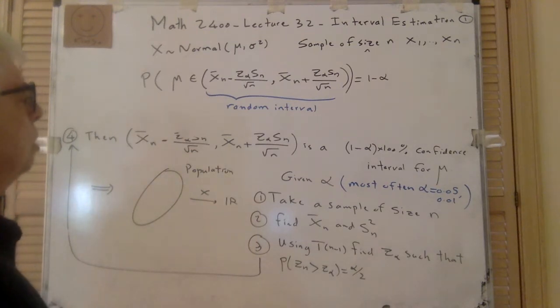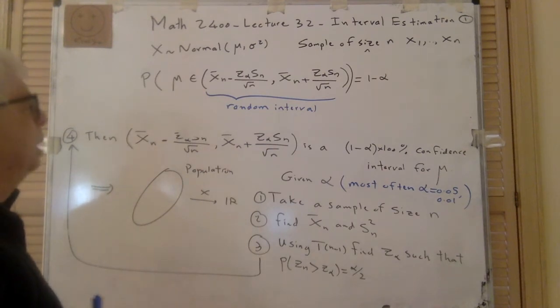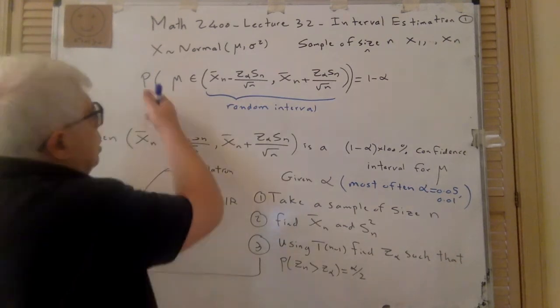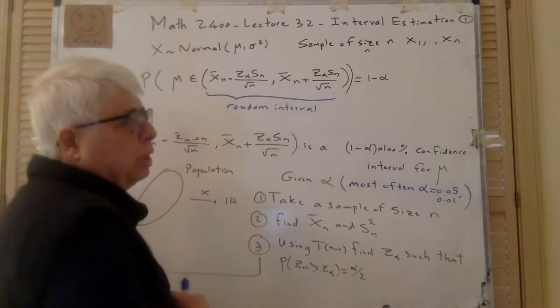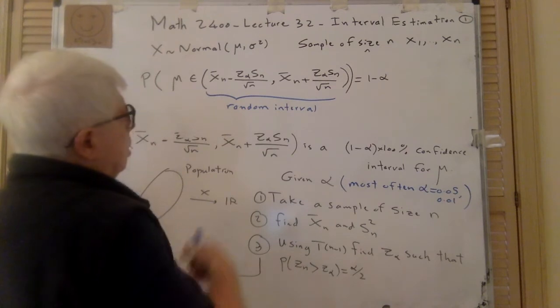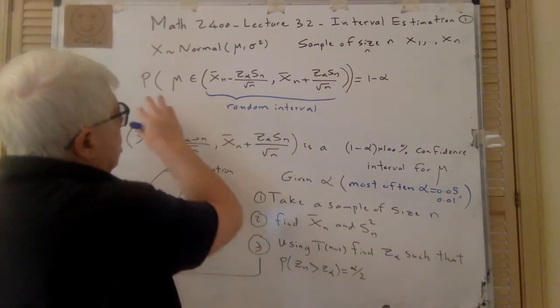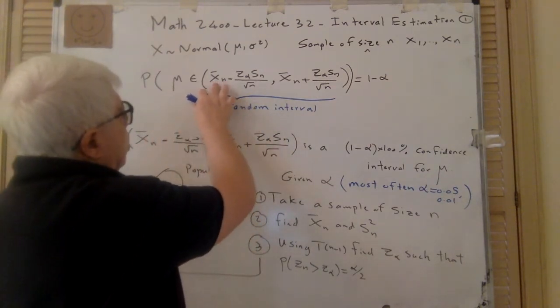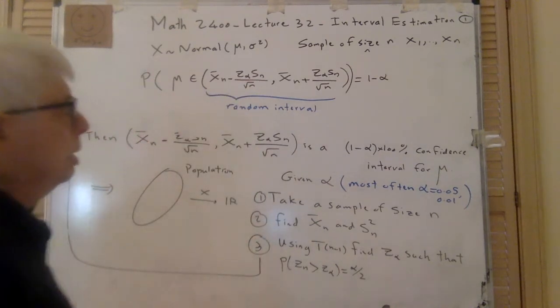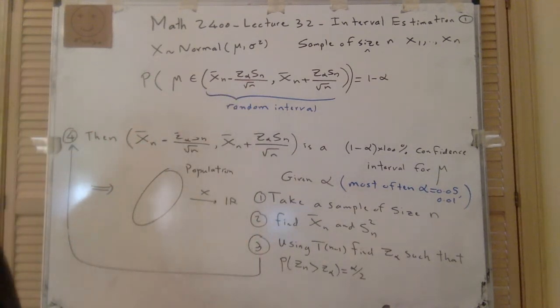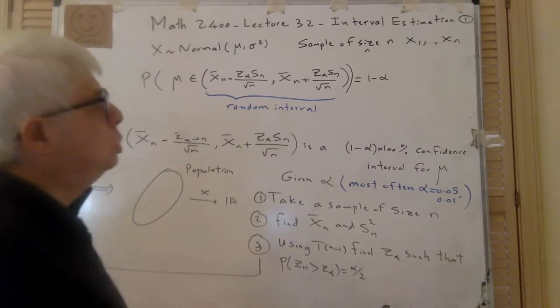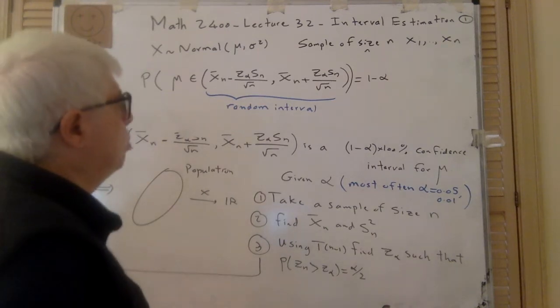So this interval is random. So when I say probability of something, this is a statement about these random variables. This is a statement about x bar n and Sn, related to the joint distribution of x bar n and Sn.